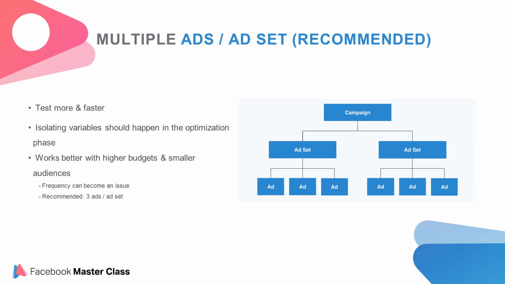And 3, this strategy works much better with higher budgets and small audiences because, with one ad per ad set, frequency can become a big issue. And the reason is that one ad will get displayed to the same audience multiple times very quickly if your audience is very small. And if the frequency goes up, that means that you will see a drop in the relevance score, and you will also see increasing CPCs. And therefore, it's better to have multiple ads within an ad set as a backup, right?